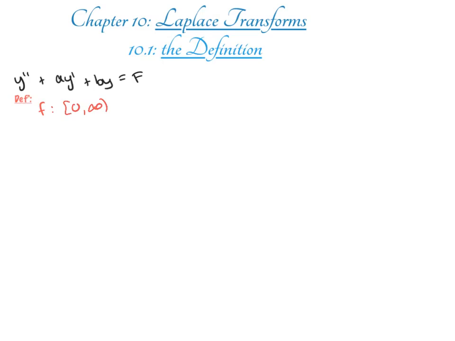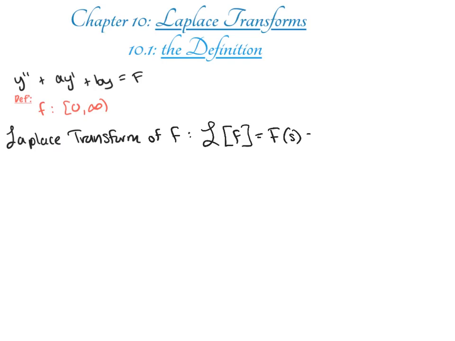Then the Laplace transform of f, we usually use a script L or a capital F of s, is given by the following formula. It's the integral from 0 to infinity of e to the negative st times f of t dt.